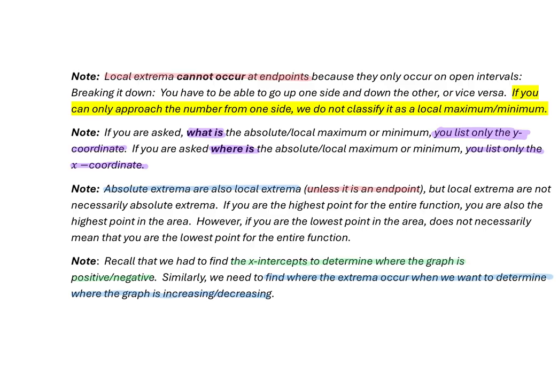So we've already done the increasing and decreasing, and now we're just going to use those points to answer questions about what are the extrema, where do they occur, and what kind are they. All right, let's go ahead and jump into some examples and see how this works.